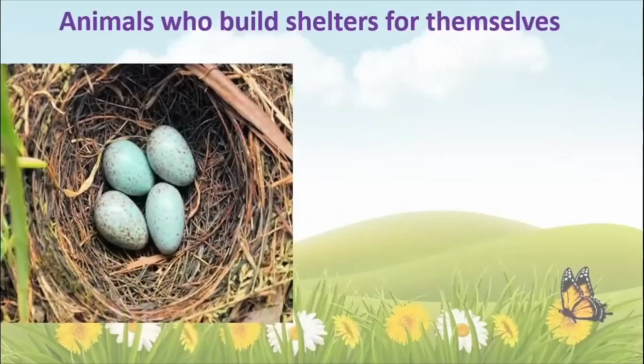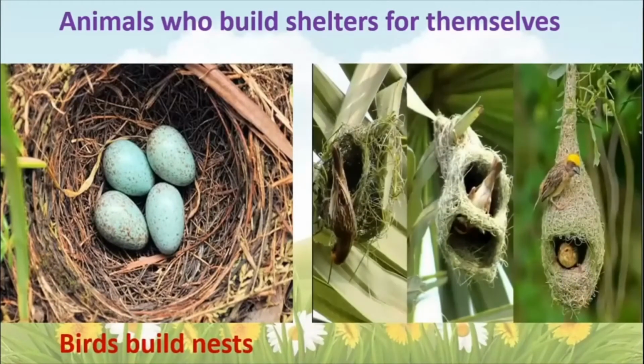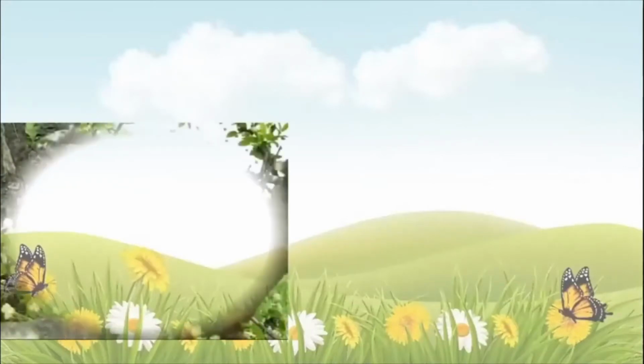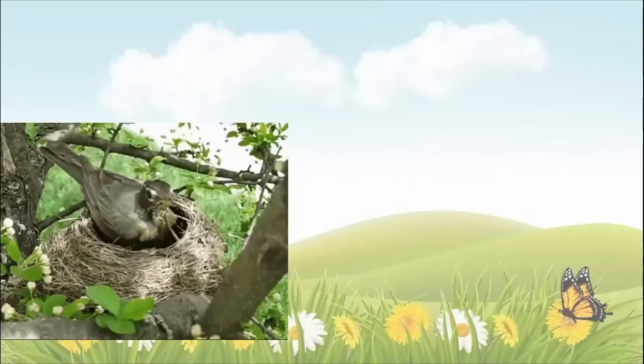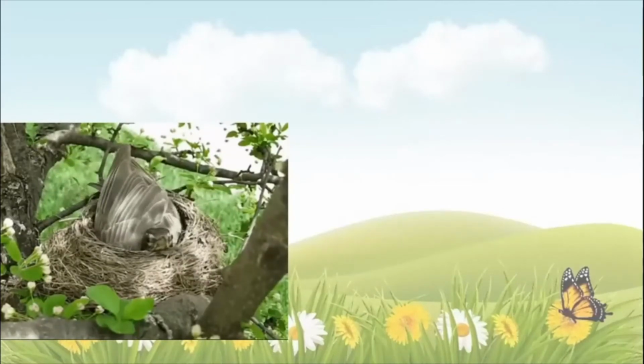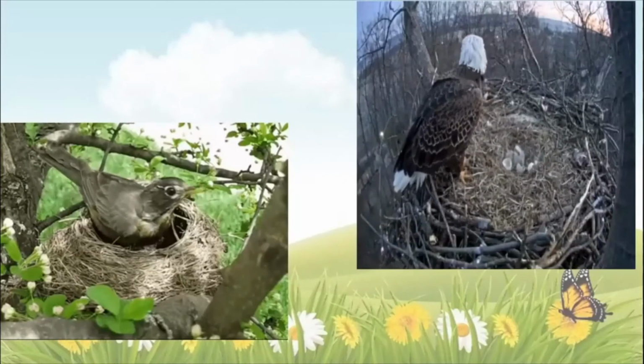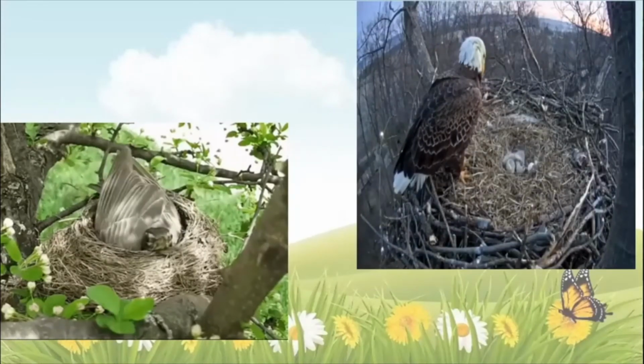See here, birds, they build nests. We saw a bird also building a nest here. See, these are some more birds building a nest for themselves. See here, what does it do then? It can go and sleep. It can go and rest in the nest. And also, its babies are protected in the nest.